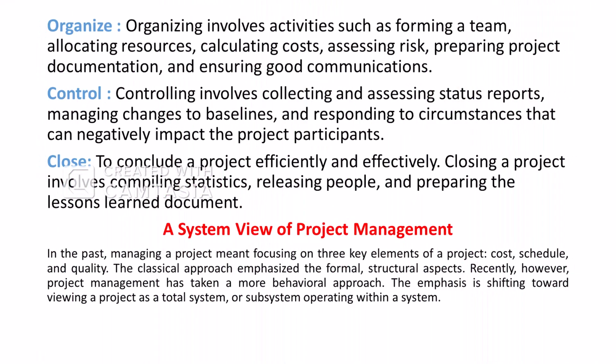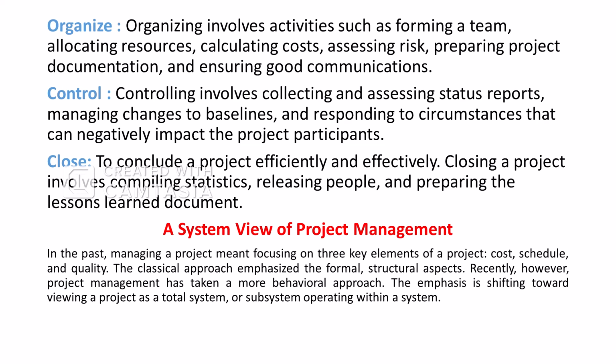The fourth function is organize. Organizing involves activities such as forming a team, allocating resources, calculating costs, assessing risk, preparing project documentation, and ensuring good communications. The fifth one is control.